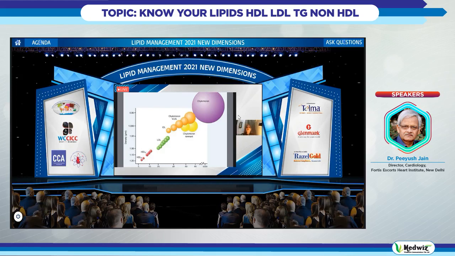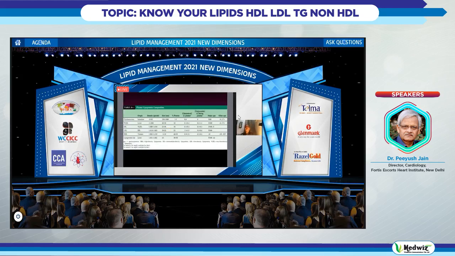As you can see, as the density keeps on increasing, there is a decrease in the size of these particles. Now, you could subclassify these particles into small, dense LDL, large LDL, small HDL, and larger HDL. These classifications, of course, are artificial, but nevertheless, it is important to remember that they have a certain place in the scheme of things as far as lipoprotein metabolism is concerned.